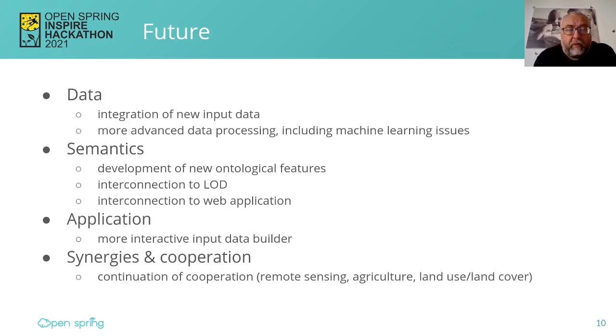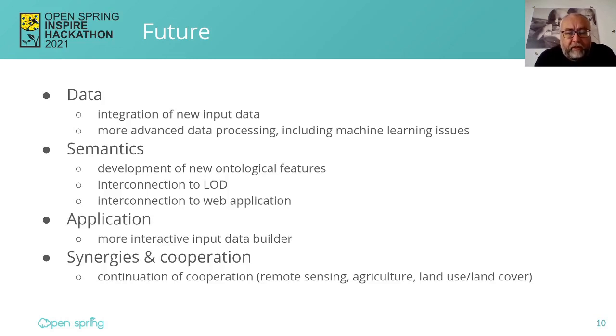There will also be development of new ontological features, interconnection to linked open data, and interconnection of the ontology to the web application. So the web application should be extended by some semantic data, and we also want to improve the application with a more interactive input data builder.